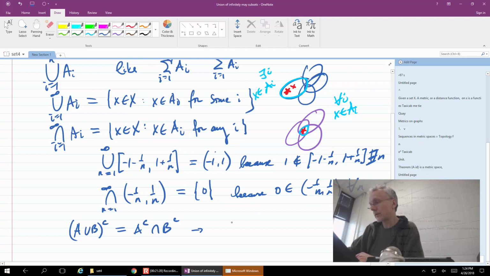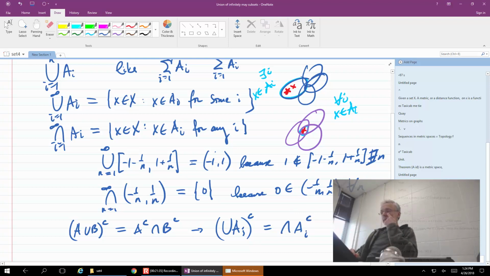So once again, if I take the complement of the union of A sub i, which could be of any nature, that's probably something I should take a minute to talk about. So once again, De Morgan's laws, remember, with infinitely many terms, and vice versa.